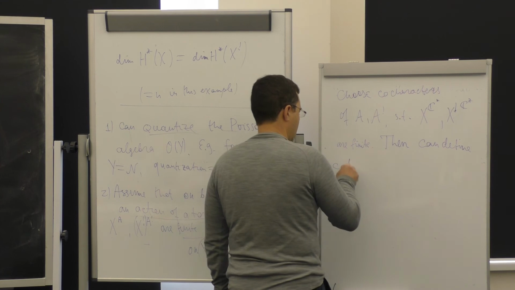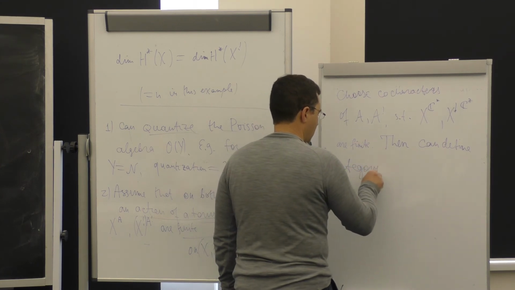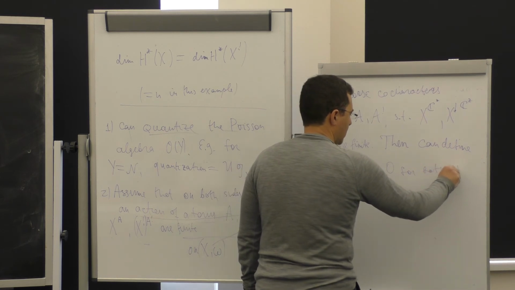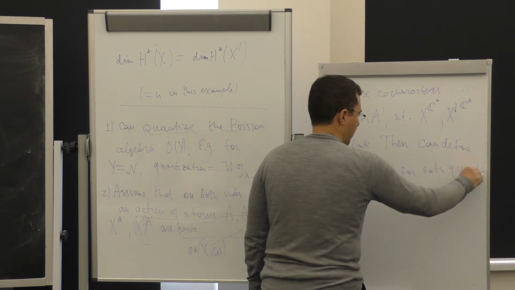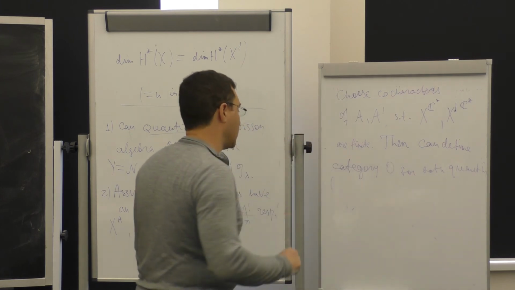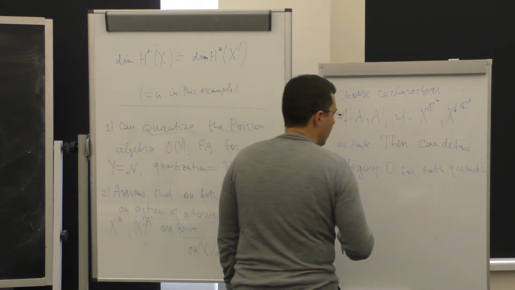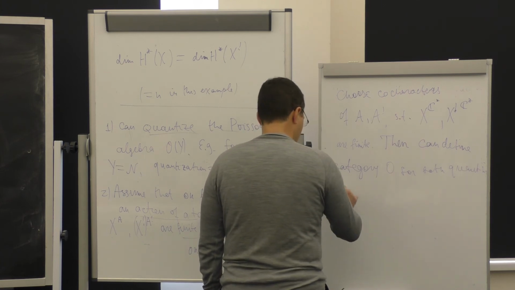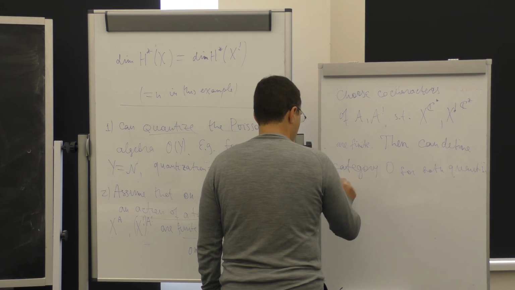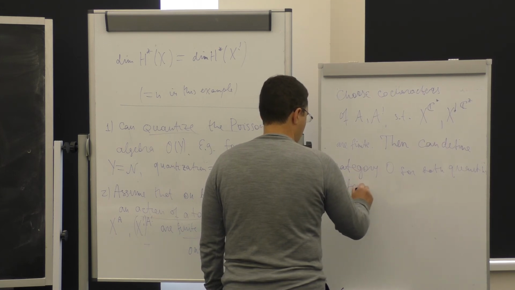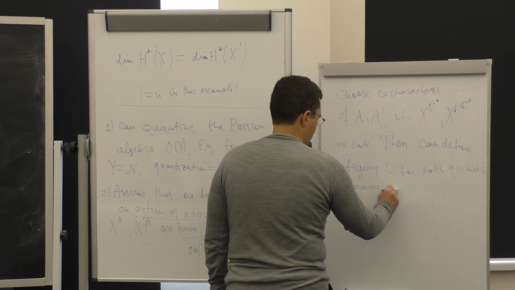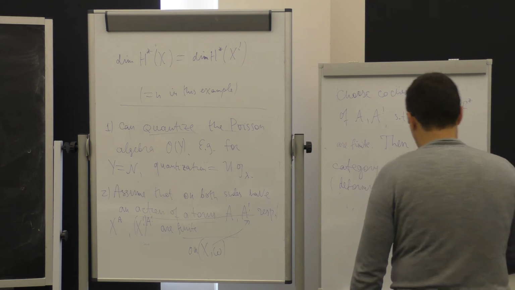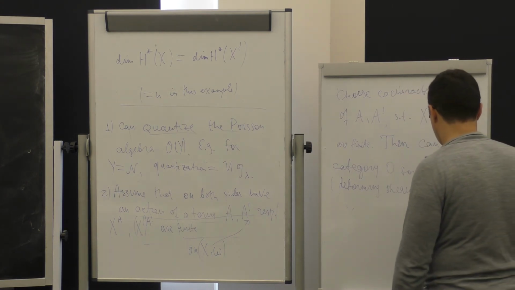So category O for both quantizations: deformed sheaves on the attracting variety.